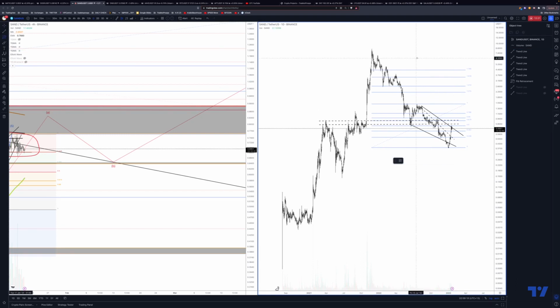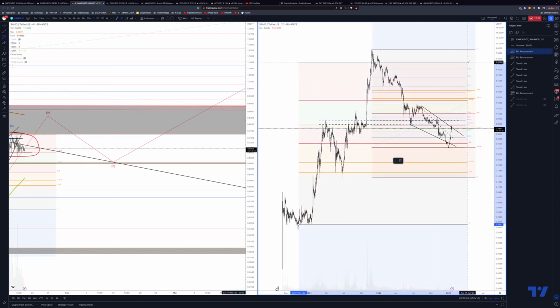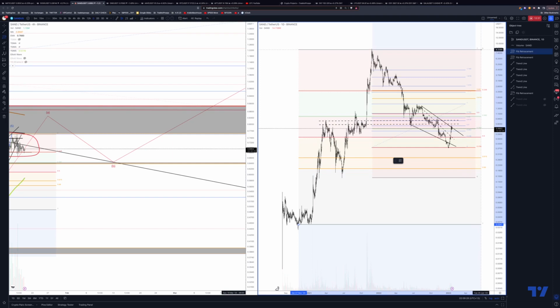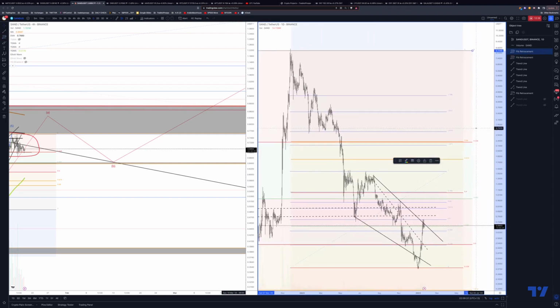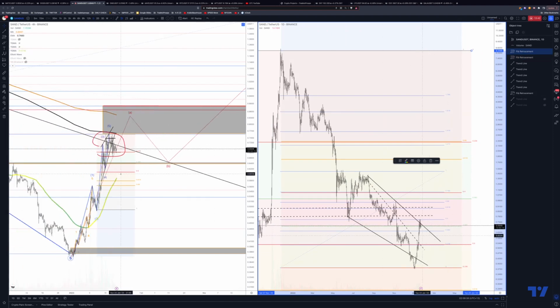Let's see if this is from the top to the bottom. Okay, it hits that Fibonacci. And if we were to do from here to the top, okay, it's using that as support. So 0.382 is acting as support, 0.5 is acting as resistance with a 21 moving average and so on.